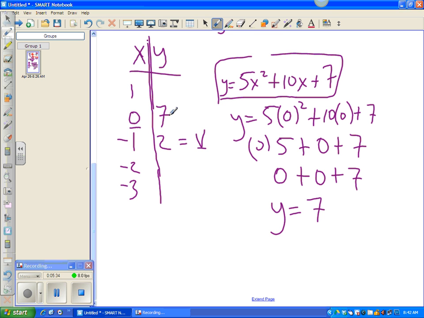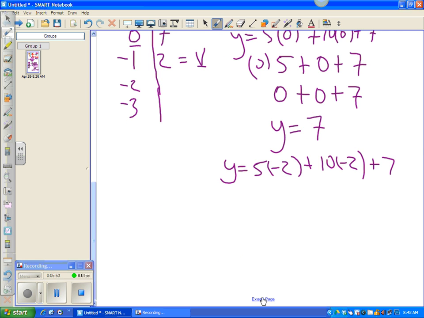Okay? Let me do the one below, and you're going to see something weird. So the one below is, now I'm going to plug in y is equal to 5 times a negative 2 plus 10 times a negative 2 plus 7.